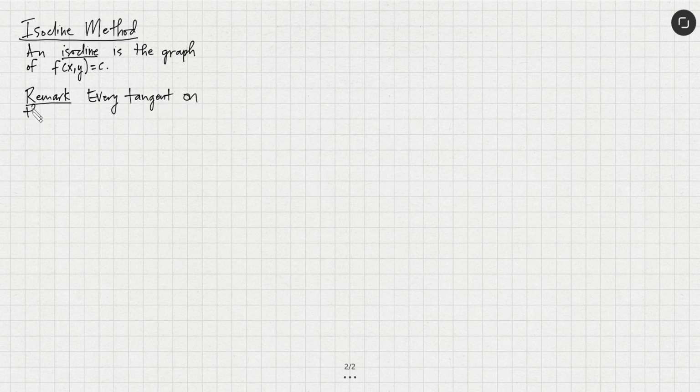Every tangent line on the isocline f of xy equals c has slope c. Okay. So, balikan natin yung example natin kanina.